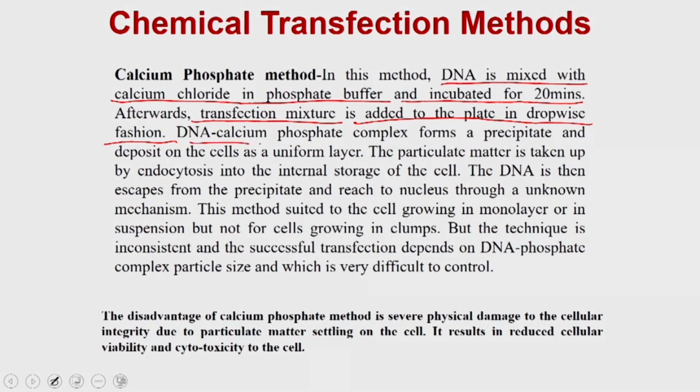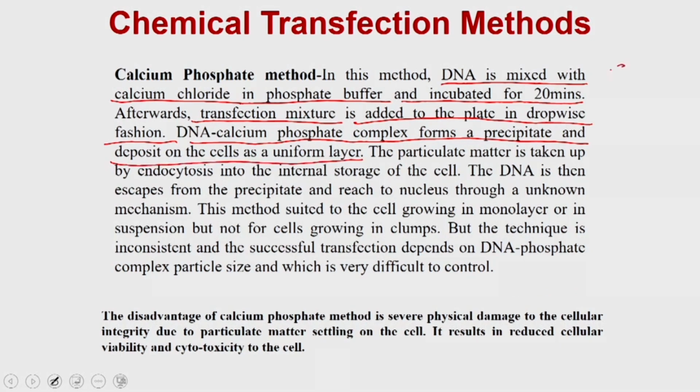The DNA calcium phosphate complex forms a precipitate, which means it forms macro size particles, and these particles will slowly settle down onto the monolayer of mammalian cells on the plates, and deposit onto the cells as a uniform layer.